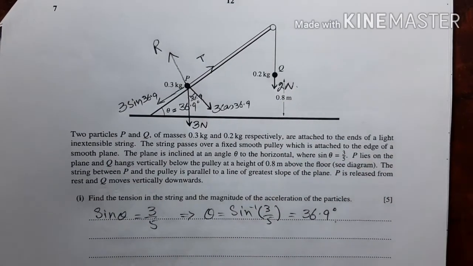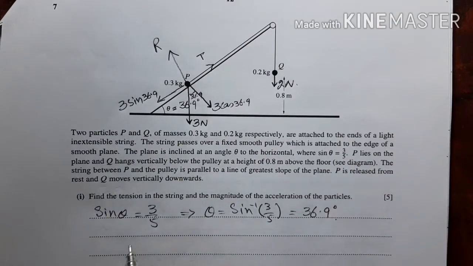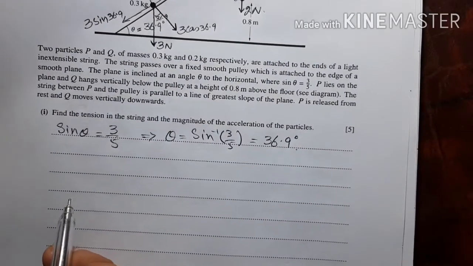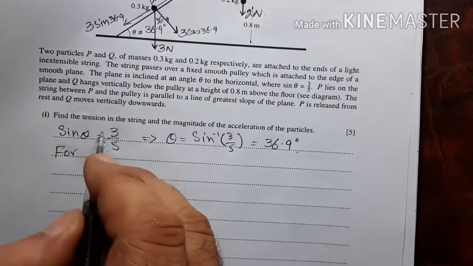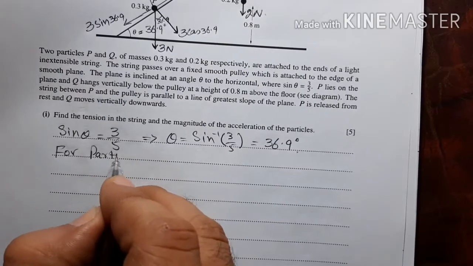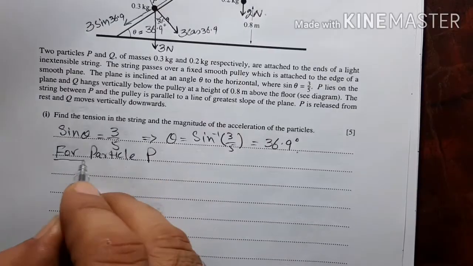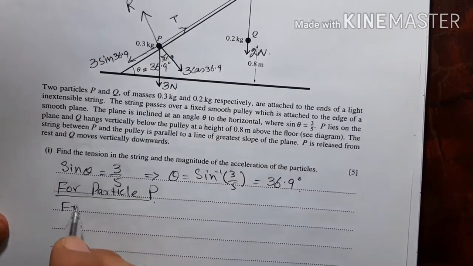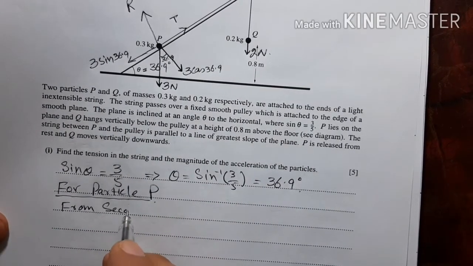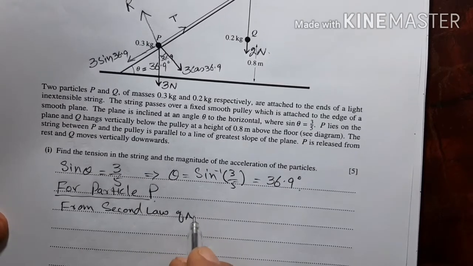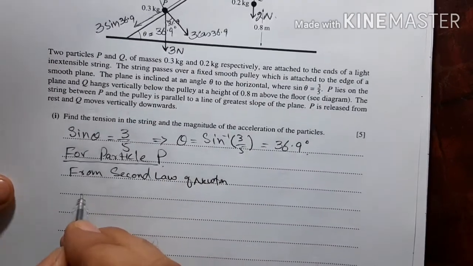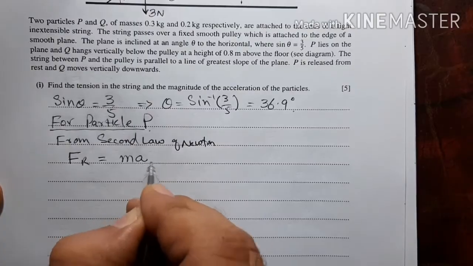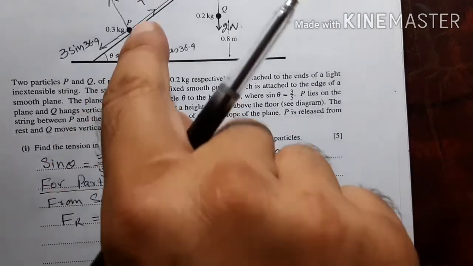Okay, now for particle P, from second law of Newton, F resultant is equal to ma. So what is F resultant?